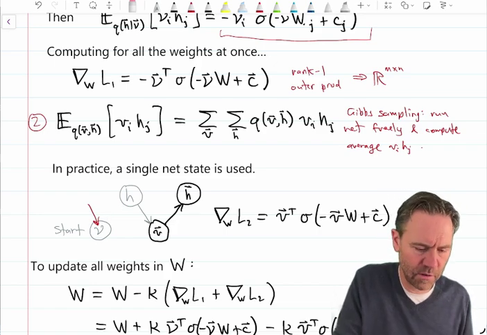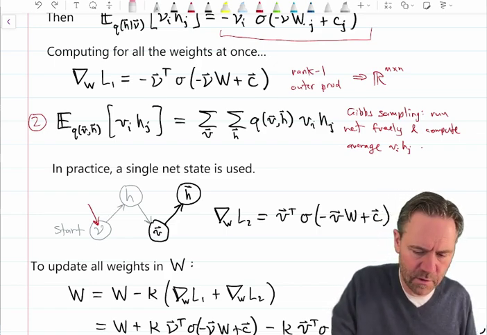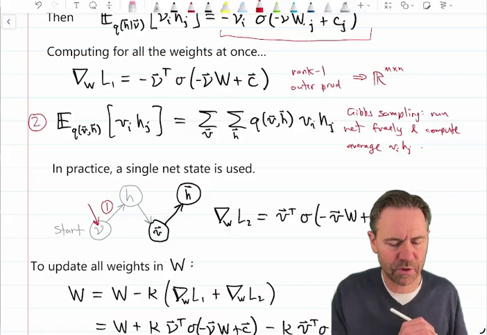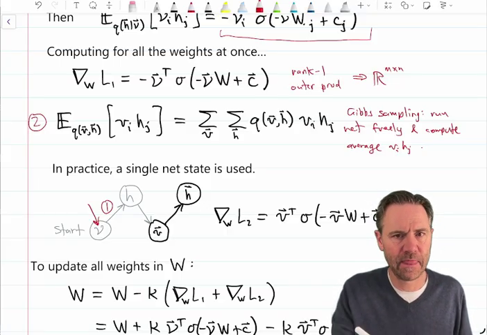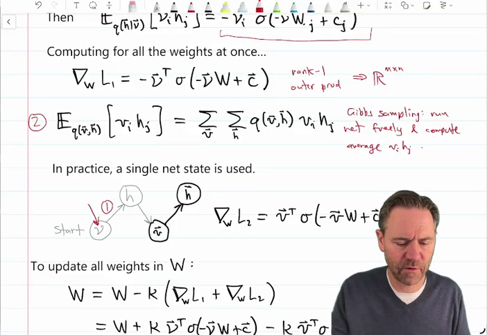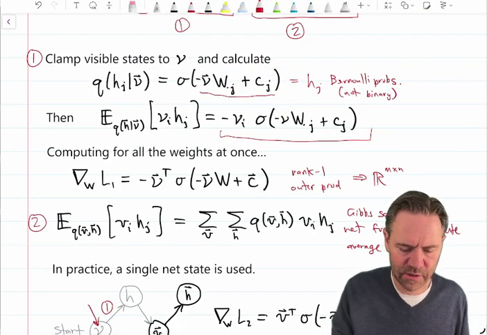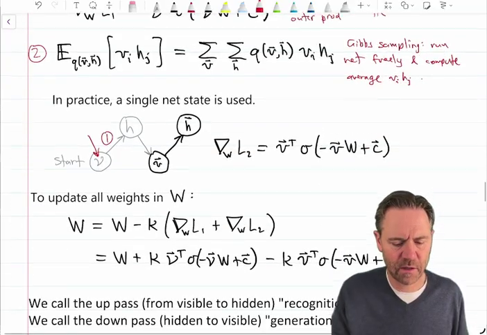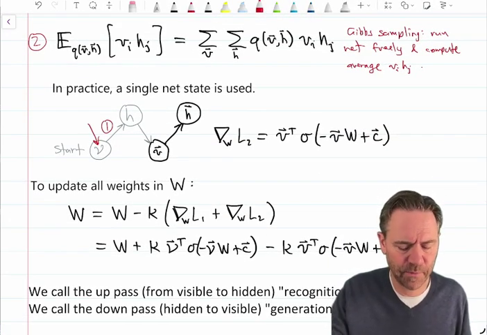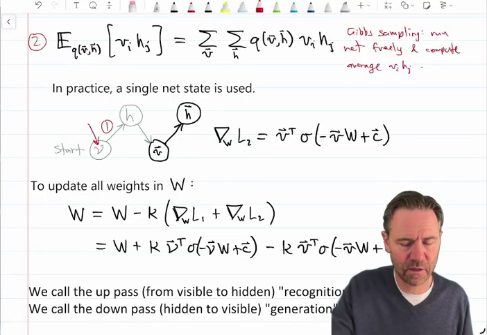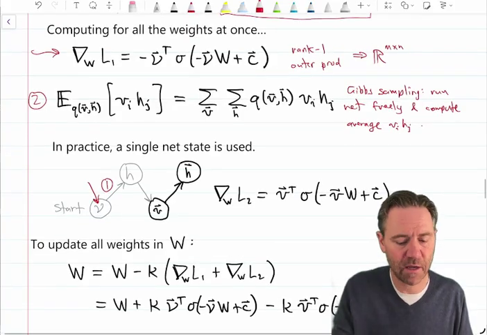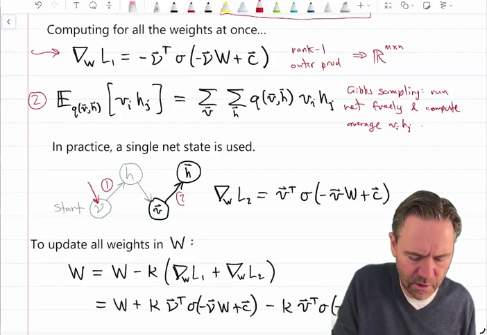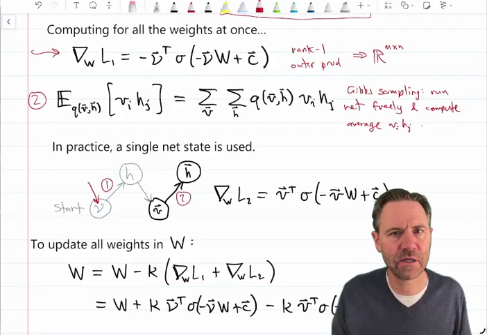Now we did this already in phase 1. We projected up to get the hidden probabilities. Now, after we've computed this thing over here, we can use those Bernoulli probabilities, do a sampling process to get binary, project back down to get a new visible state, do Bernoulli sampling on that visible state, and project back up. And this is called the recognition pass 2.